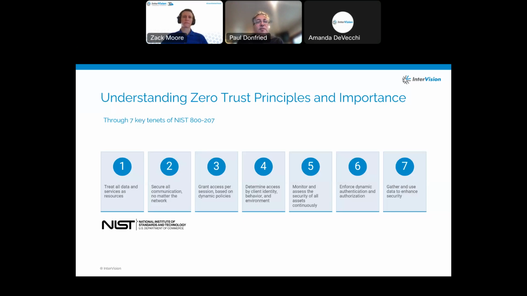And the beginning of this, right, which is treat all data and services as resources, that's it, right? And you assume that whatever is in between those two, you can't trust, right? And so what do I need to do to ensure integrity between these two endpoints, the subject and the resource, right? And these principles are brilliant, right?